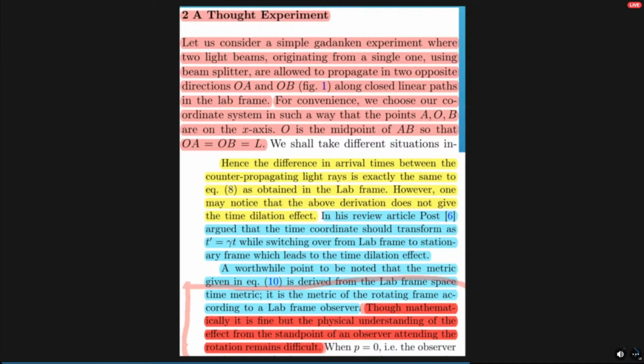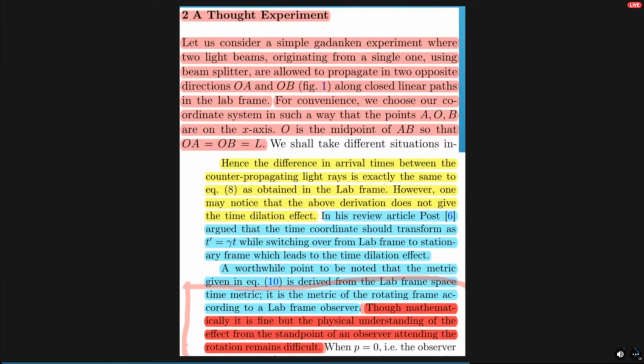It's completely illogical. How could you ever have that as an explanation when it's derived in the lab frame and it matches the prediction of the lab frame? The time is the same. There's no time displacement or time dilation or any time difference between the frames. That's not the component of what's happening there.